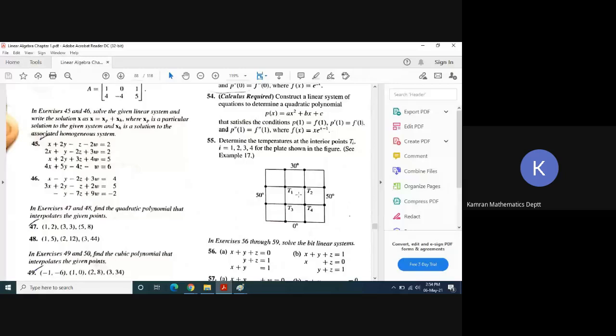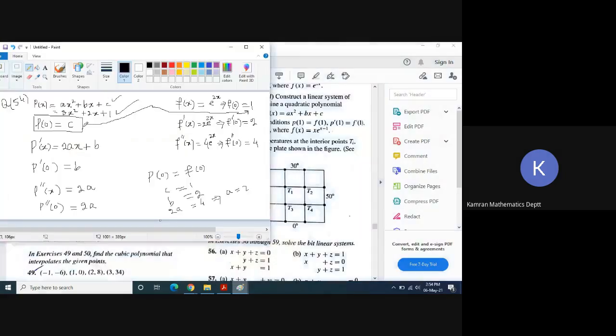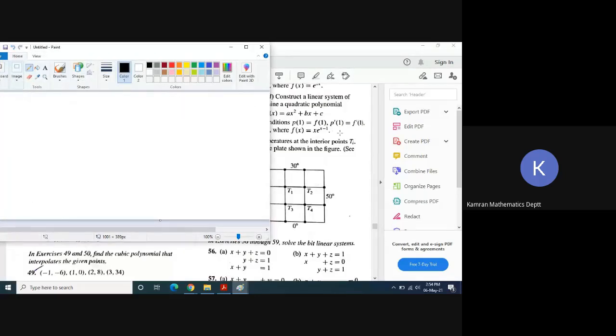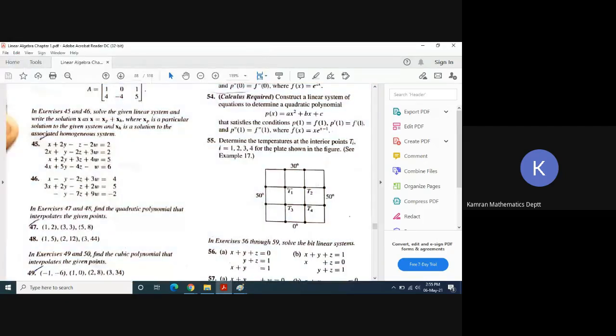estimate this temperature T1. The estimated value of T1 will be the average value of the nearest temperatures: 50, 30, T2 and T3.